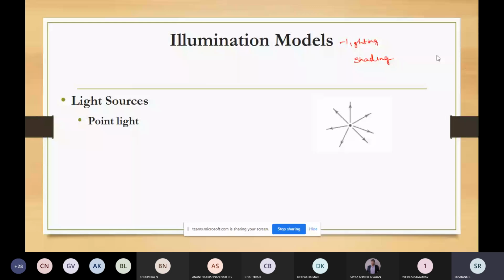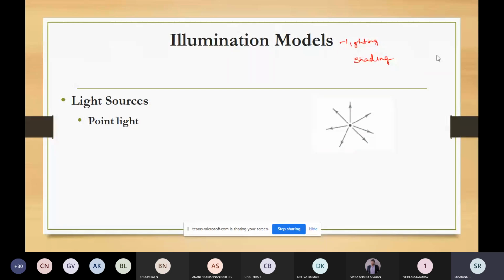But before talking about that, first are the light sources. How are they classified, and what light sources do we have? What is a light source? It is an object which is emitting radiant energy. An object that is emitting energy, we will call it a light source.